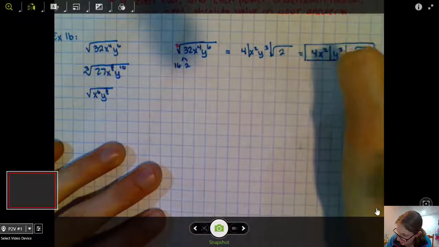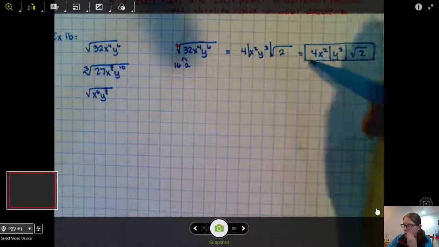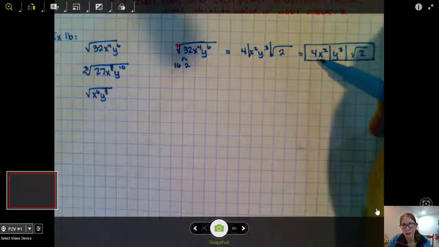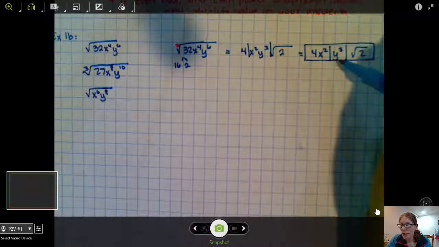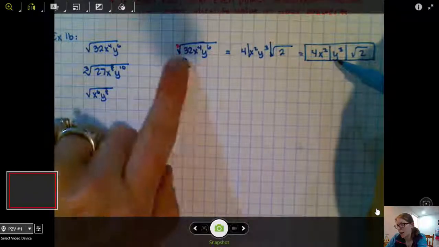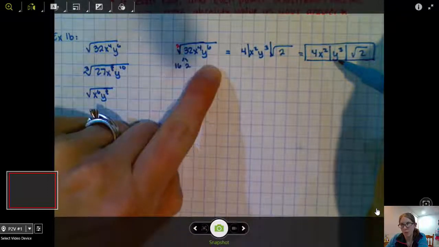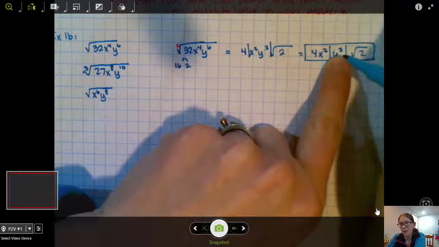And that's my final answer. So again, I don't need the absolute value around x squared because x squared is always positive. But y cubed needs to be absolute value because I have an even root, even power underneath, odd power at the end.